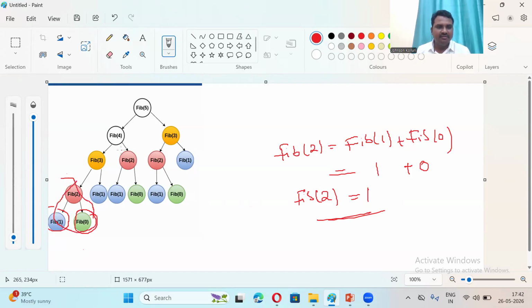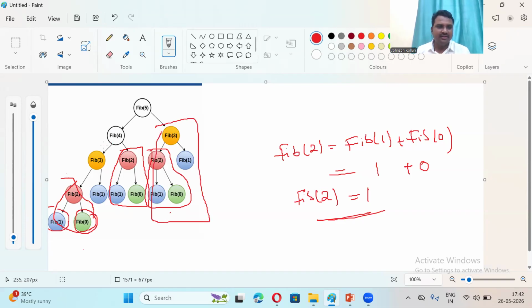Then again here we need to calculate Fib2. Again we need to calculate Fib2 here, meaning it is repeated many times. Similarly, here we need to calculate Fib3 also. Here what is happening? Repetition.